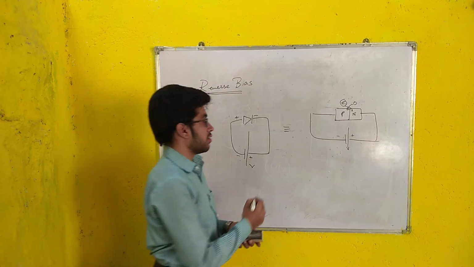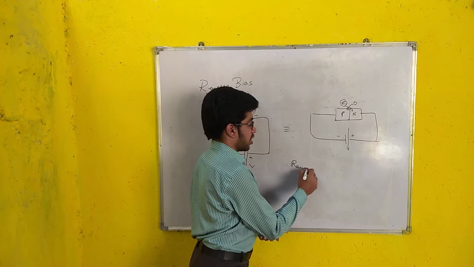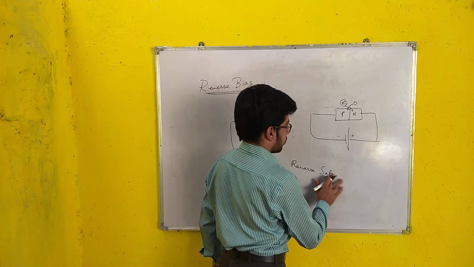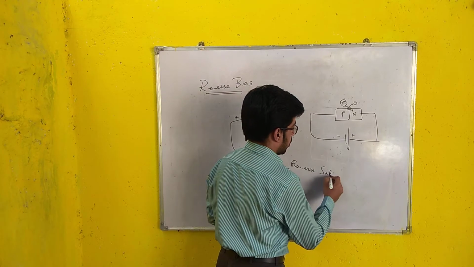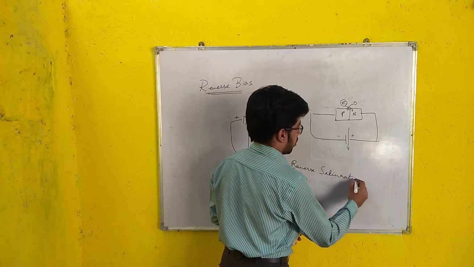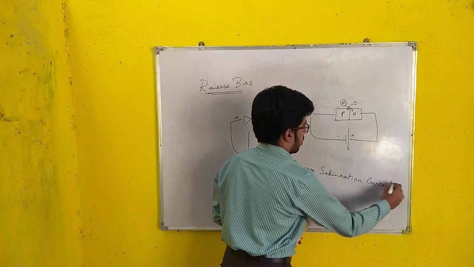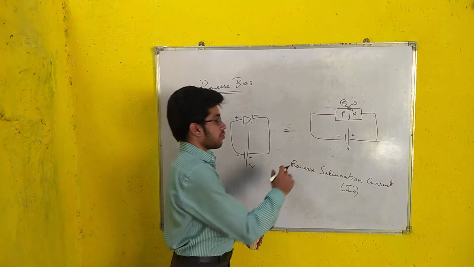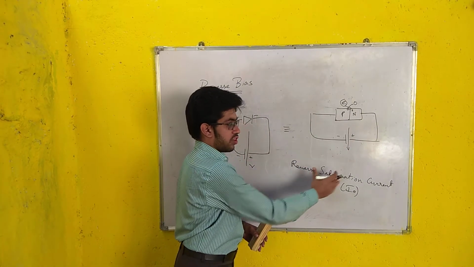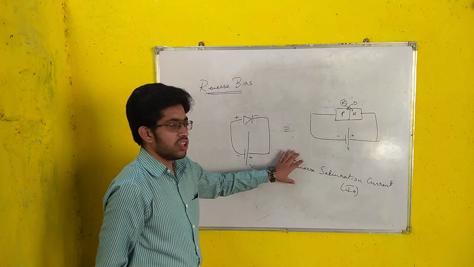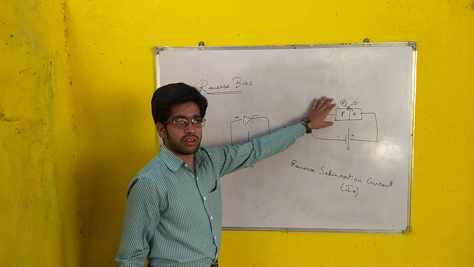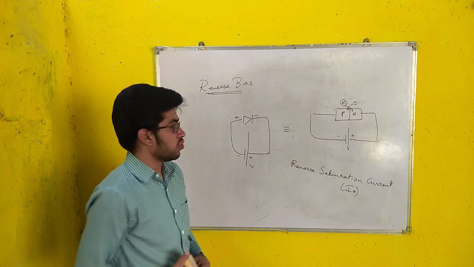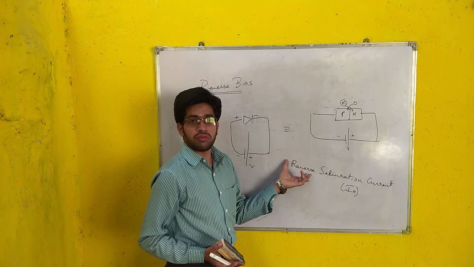This current is referred to as reverse saturation current, represented by I. Since this current is very small because it is due to minority carriers, it cannot be used in any application, so this current is not of any practical use.